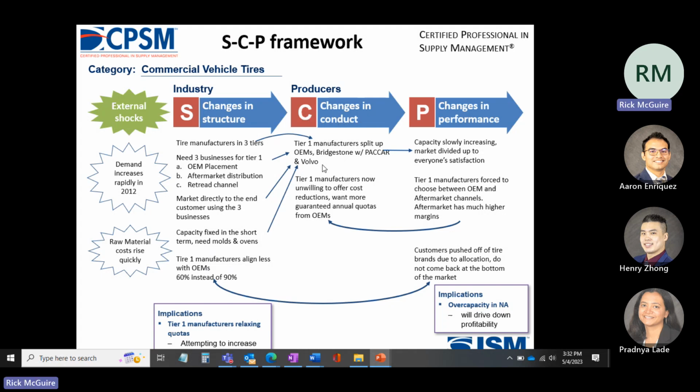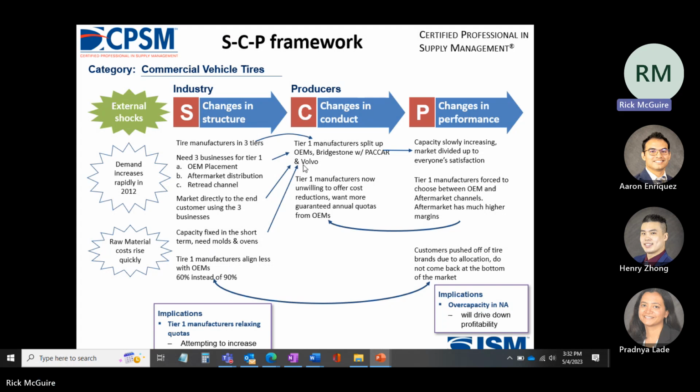Changes in conduct. How does that structure affect how the players work with one another or against one another? So, here it's saying the OEM tire manufacturers split up the commercial truck manufacturers amongst them. They don't really compete against each other.